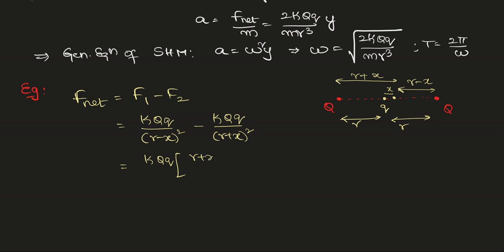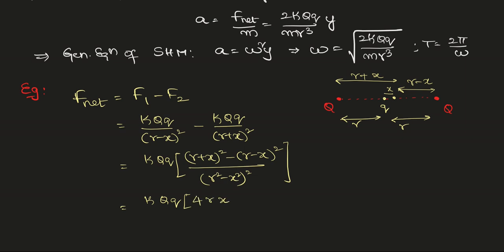I'll have (r plus x) whole square minus (r minus x) whole square by (r square minus x square) whole power of 2. Now (a plus b) whole square minus (a minus b) whole square will have 4ab by (r square minus x square) whole square.